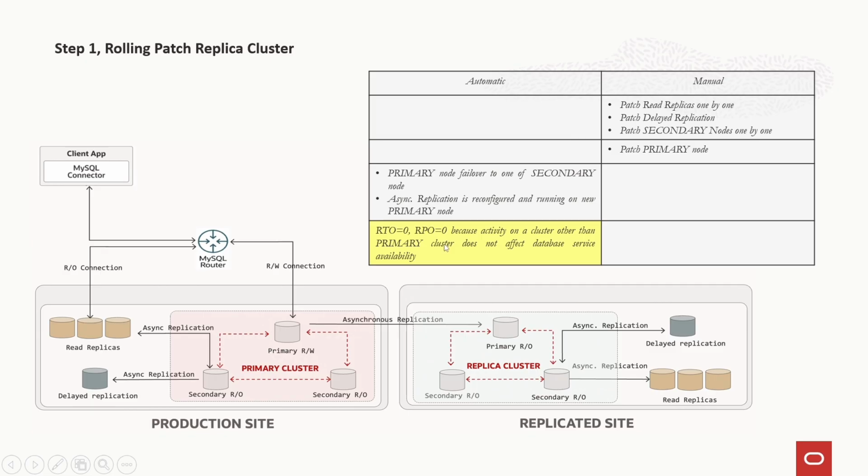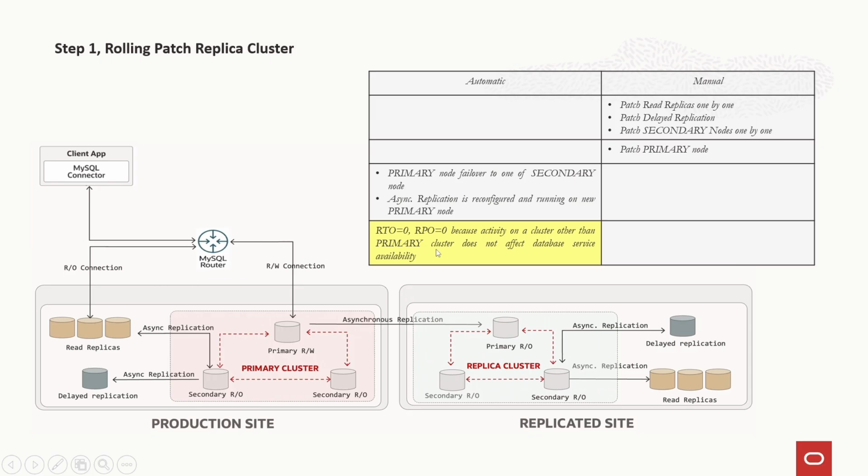So that's why we can promote the two nodes from the read replicas to become an InnoDB cluster. But for doing patching, we need to do it one by one. We need to do a rolling patch.